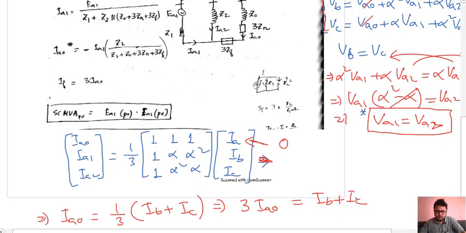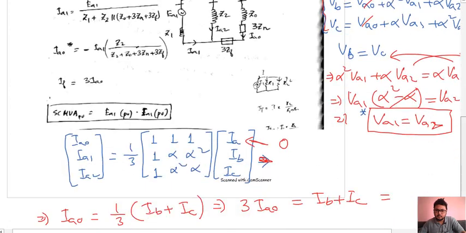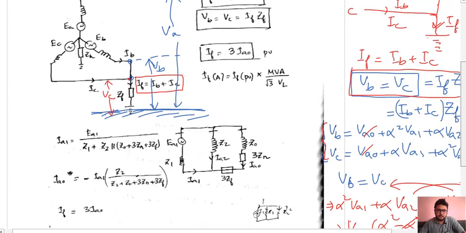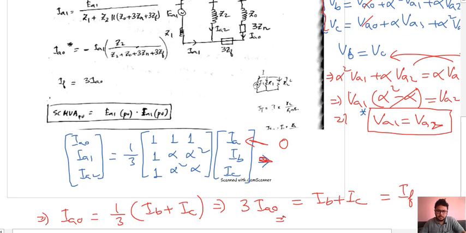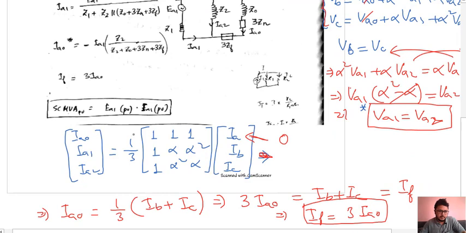Okay, so Ib plus Ic means what? Just now we got it is equal to If. So finally, what we got? If equal to 3 times Ia naught. Is it clear how we got this, If equal to 3 Ia naught? Simply by solving these equations.